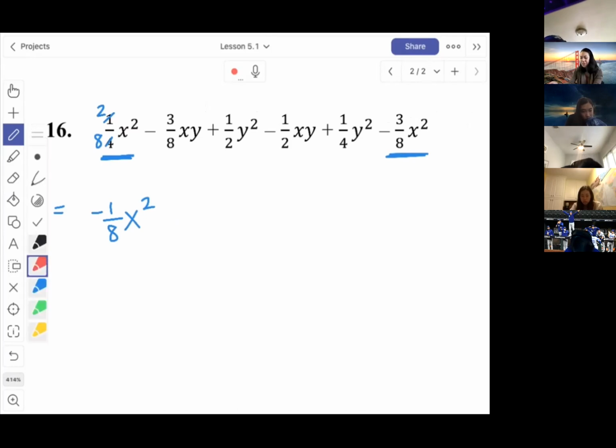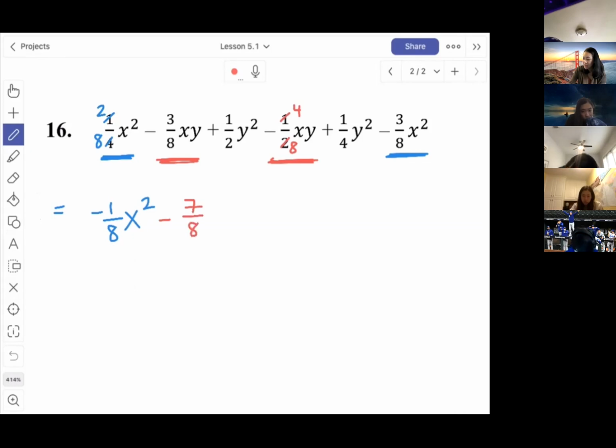All right, so not too bad. Then I have my xy term and an xy term here. Get a common denominator, so the negative 1/2 will be a negative 4 over 8. Combining those gets me negative 7 over 8 xy.